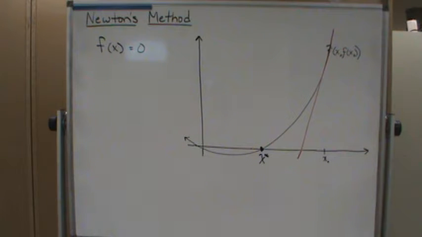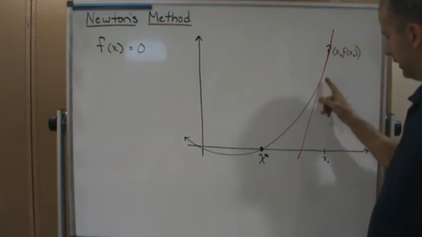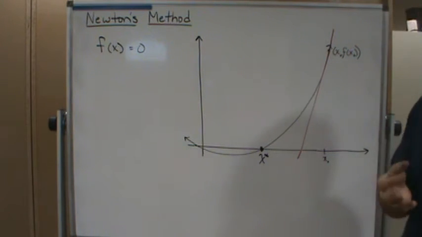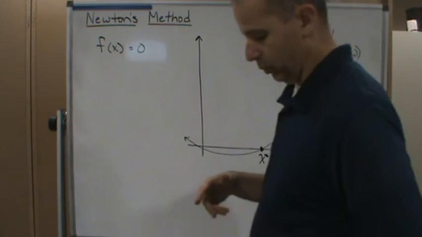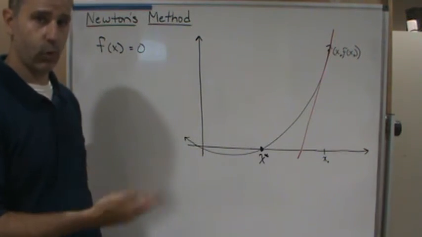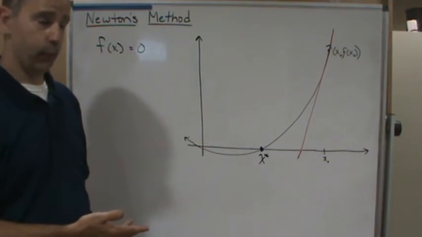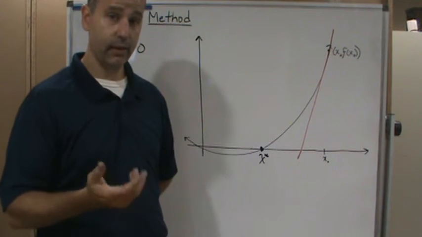Think about it this way. If the slope was 0, what would that mean? It would mean that we have a horizontal line. If we have a horizontal line, it's not going to intersect the x-axis.